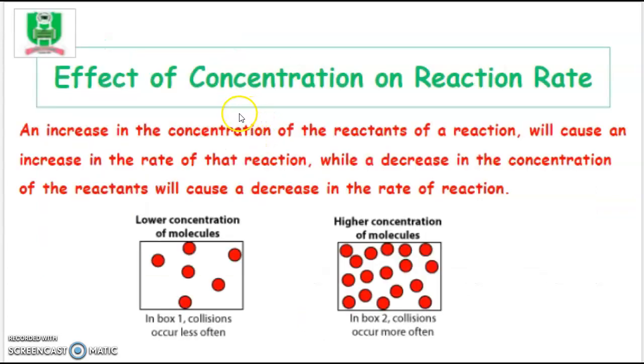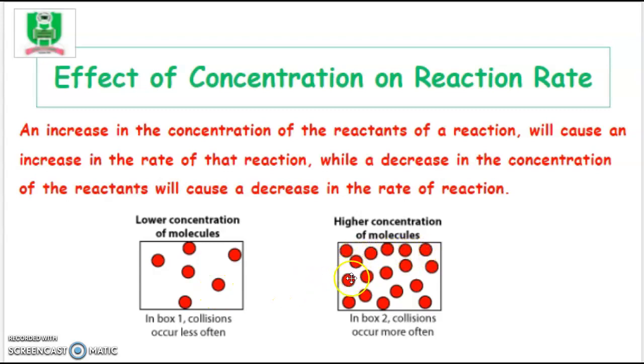Now let's turn our attention to looking at the effect of concentration on the rate of a chemical reaction. But just before we get into it, let's look at what concentration is. Concentration really is a measure of the amount of a substance that is found within a fixed volume. And so if the amount of a substance in a fixed volume is low, then the concentration is defined as being low.